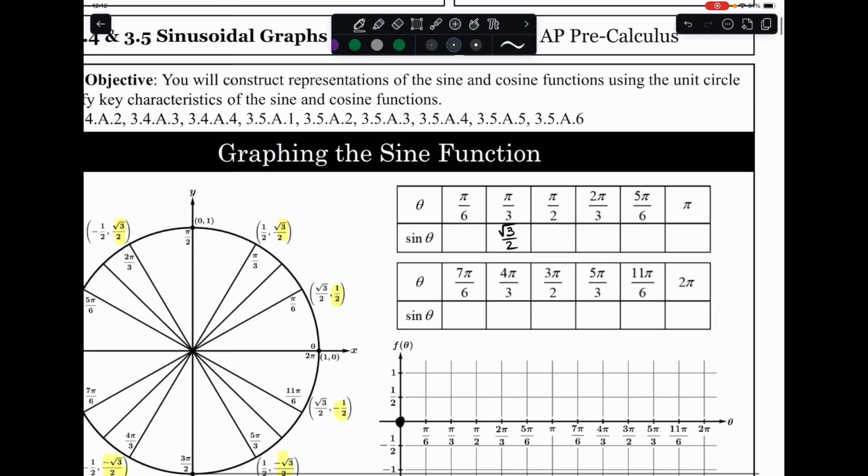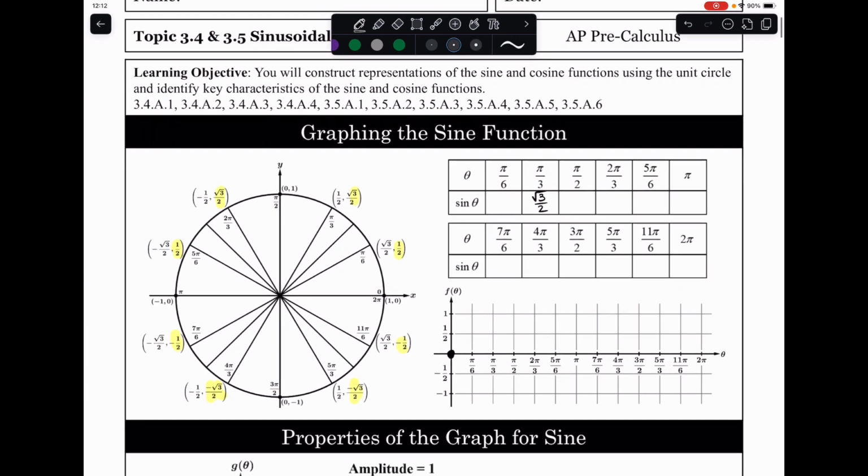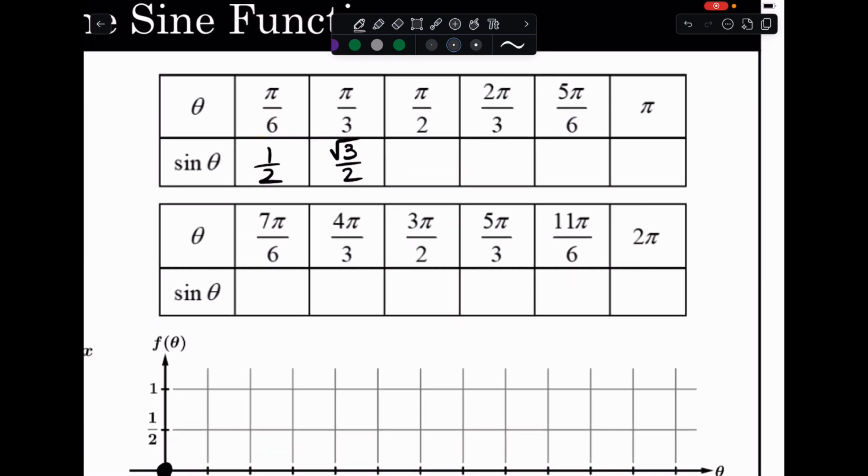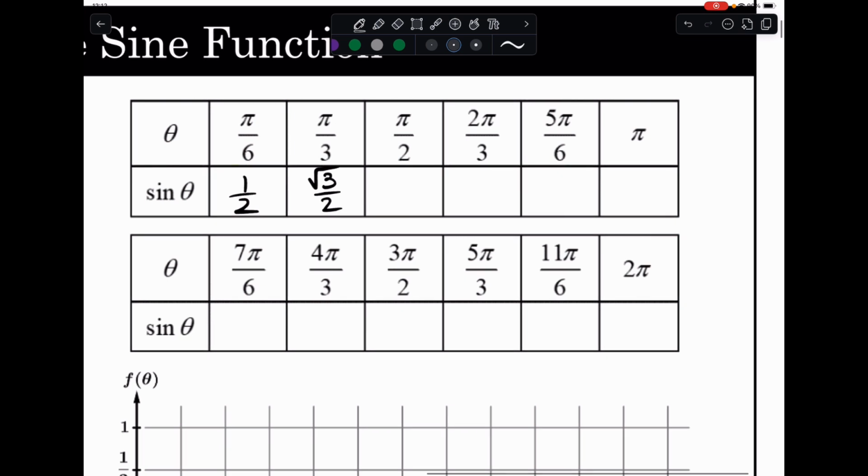Which means that any time the angle has a denominator 6 or a multiple of pi over 6, I know that those are going to equal 1/2. So this will be radical 3 over 2, this would be 1/2, radical 3 over 2, and 1/2.